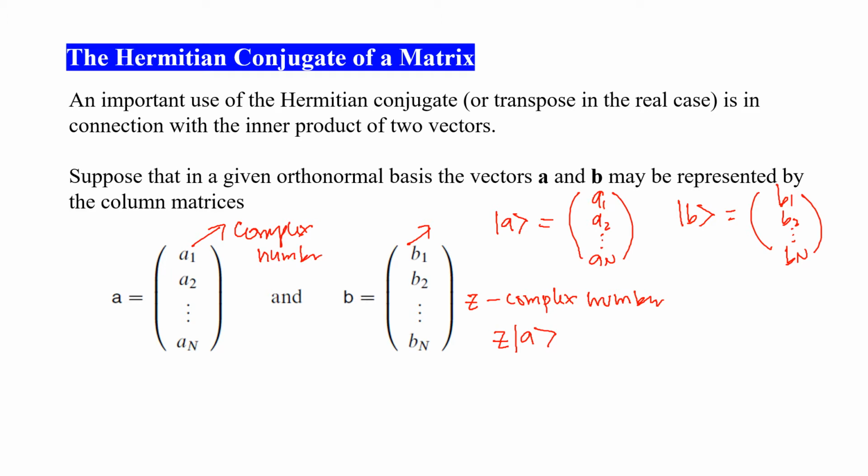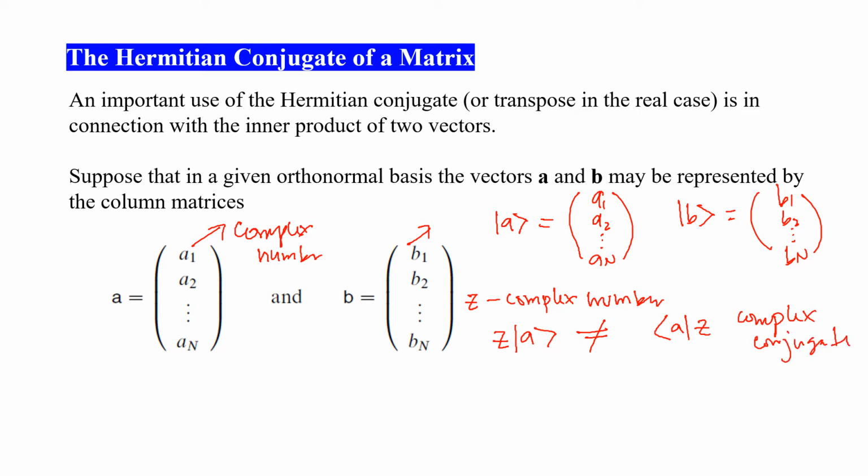And again, if we have Z, a complex number, and we multiply Z with ket A, then it is actually not true that Z ket A is equal to bra A times Z. Because remember that the A's, the B's, and the Z's are complex numbers. So therefore, since they are complex numbers, you have to get the complex conjugate.